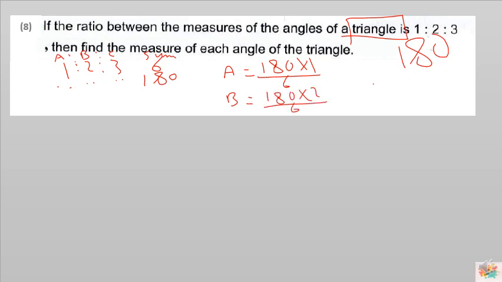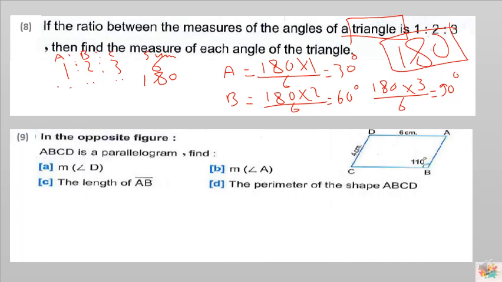And we can get the third one, 180 by 3 over 6. So the first one will be 30, the second one will be 60, and the third one will be 90 degrees. Okay, my dear, so don't forget this note: the sum of angles of a triangle is 180.